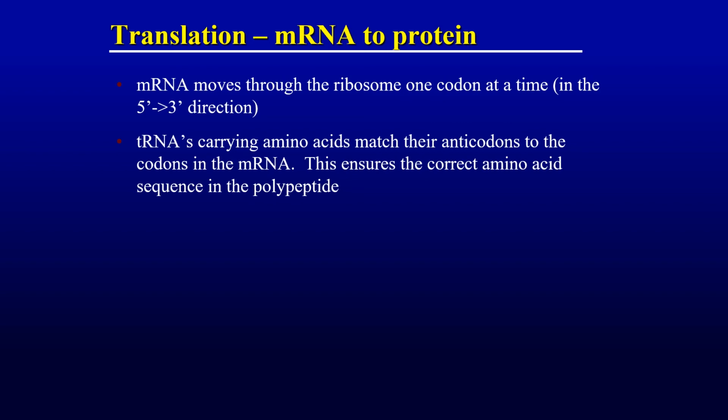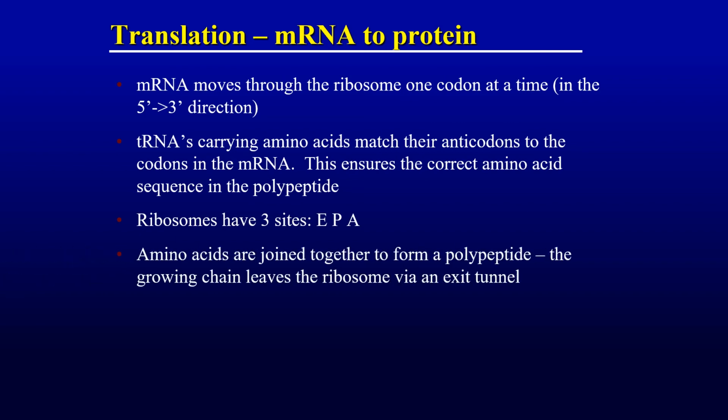And that means that you're going to get the correct amino acid sequence in the polypeptide, which is dictated by the sequence in the messenger RNA that was dictated by the sequence in the gene. So remember, the ribosomes have got three sites, the E, P, and A site. The amino acids are joined together to form a polypeptide, and the growing chain leaves the ribosome via the exit tunnel.